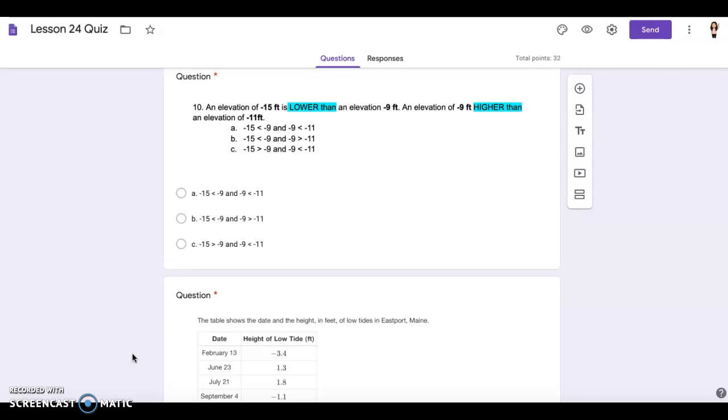Letter B, -15 is less than -9 and -9 is greater than -11. Or letter C, -15 is greater than -9 and -9 is less than -11.